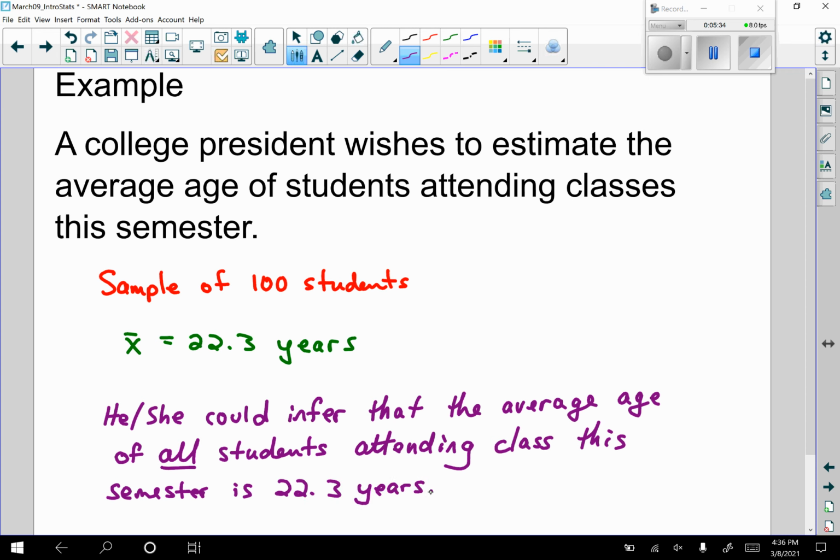So we're just using a point estimate here. They have found out the sample mean, and then they could use it to be a good point estimate for the population mean.